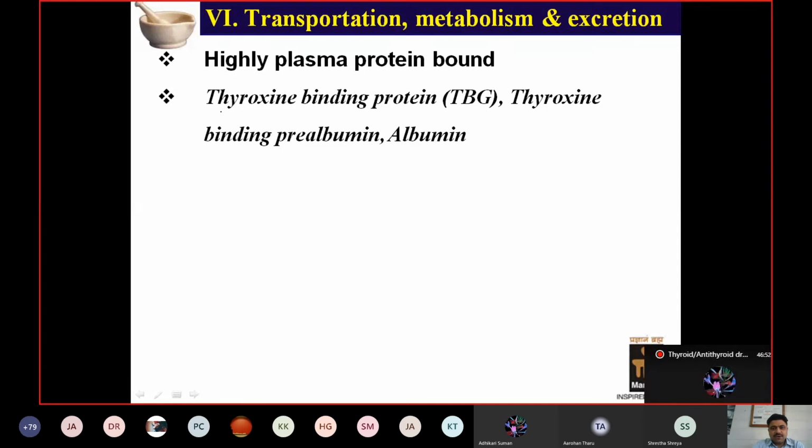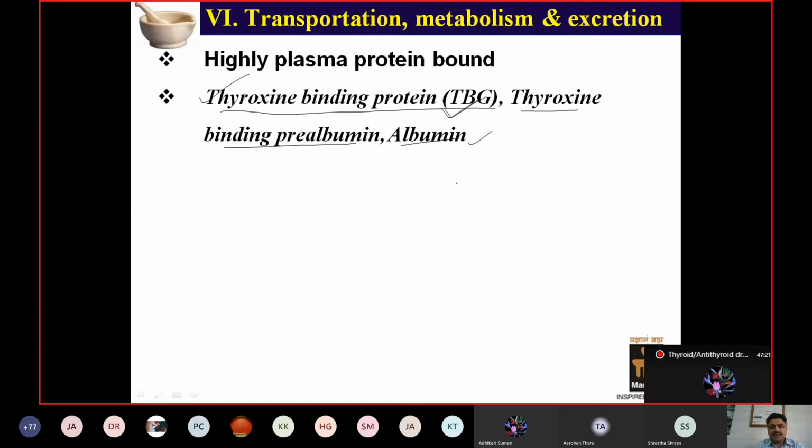Most of the thyroid hormone binds with thyroxine binding protein, which is present in plasma. Few bind with thyroxine binding pre-albumin, and very little binds with albumin. So this is in decreasing order: highest binding with this and lowest is with this.